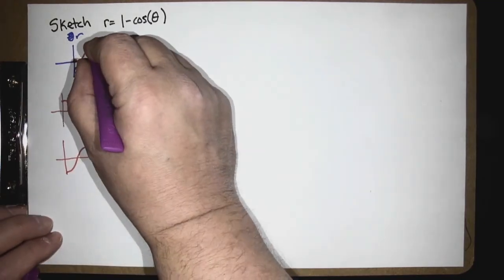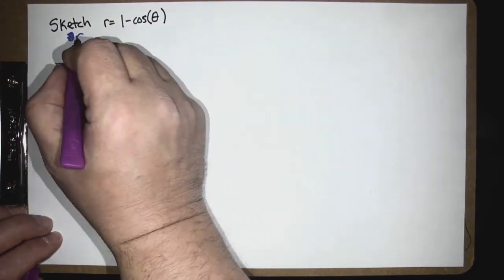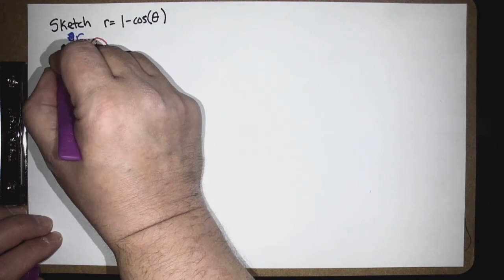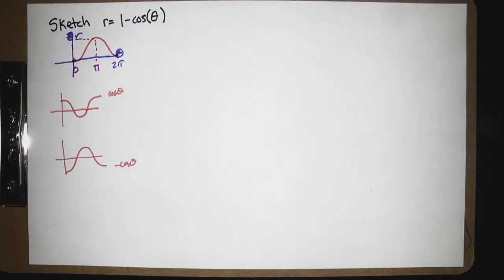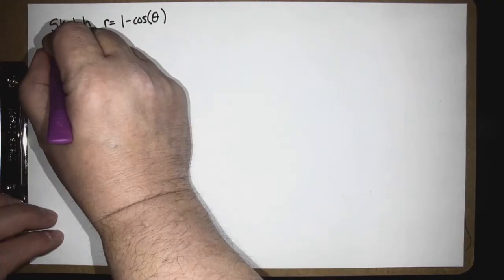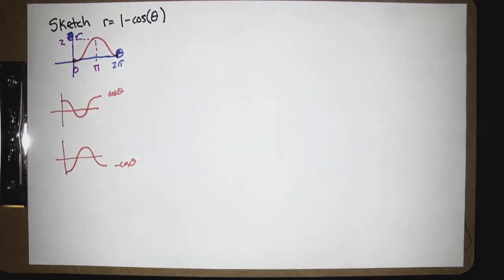At pi. And at pi, what's my radius? 1 minus cosine pi, also known as? You're thinking 1 minus cosine squared. But 1 minus cosine pi? 2.